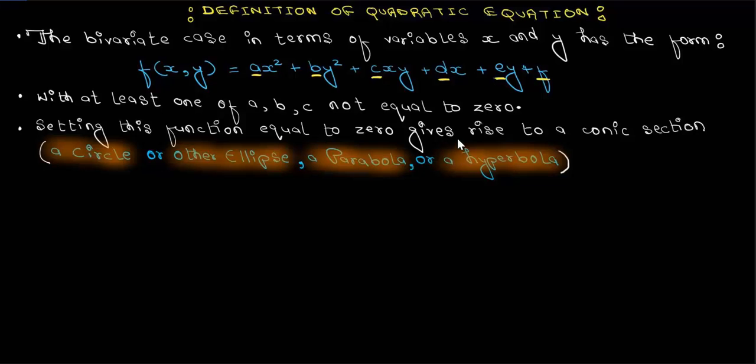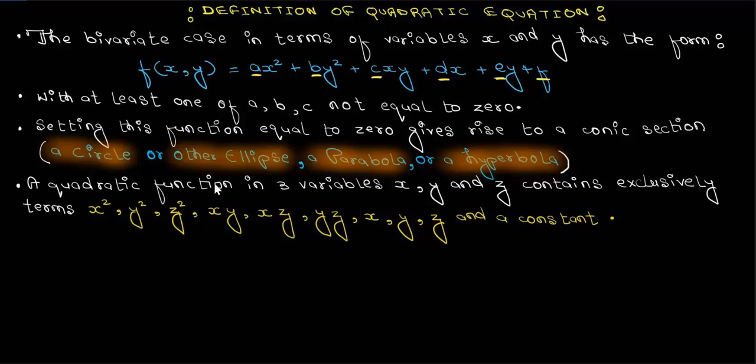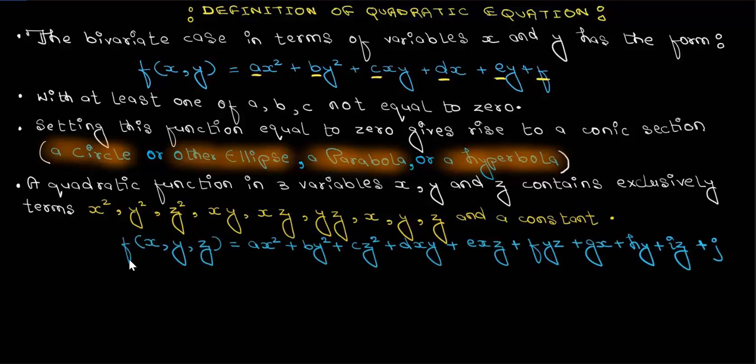Setting this function equal to 0 gives rise to a conic section: a circle or other ellipse, a parabola or a hyperbola. A quadratic function in three variables x, y and z contains exclusively the terms x square, y square, z square, xy, xz, yz, x, y, z and a constant. So we can say that the general form of a quadratic function in three variables will look like this.